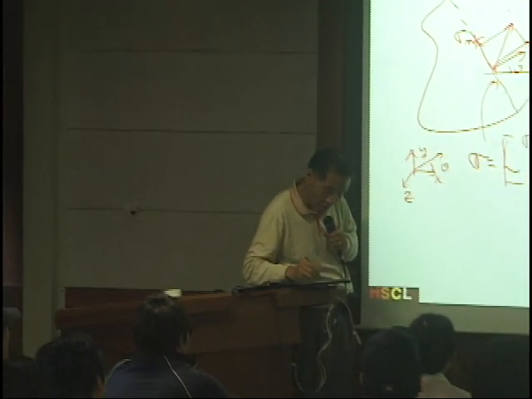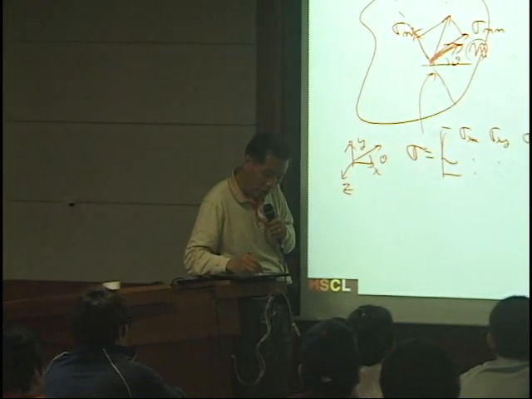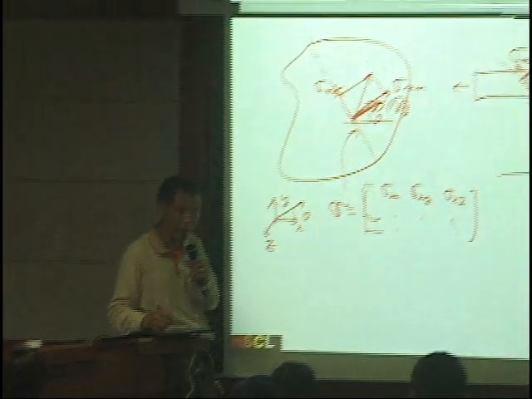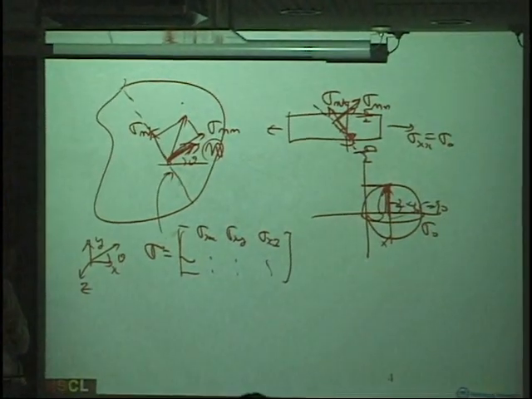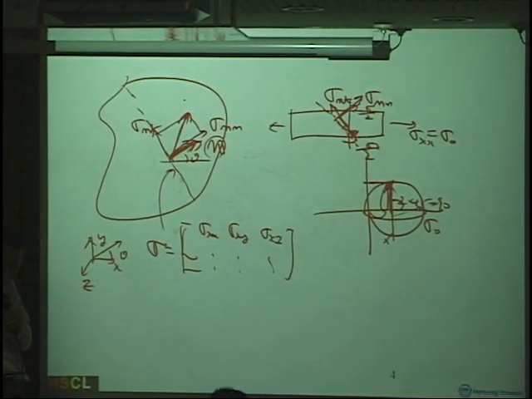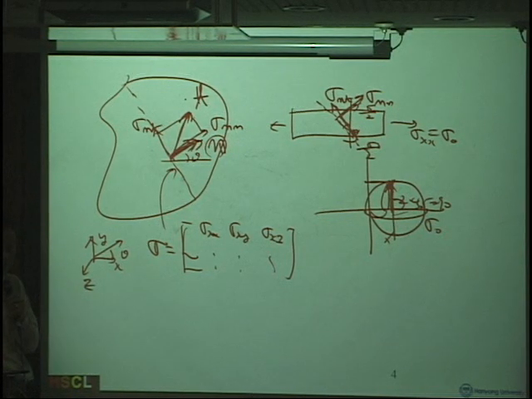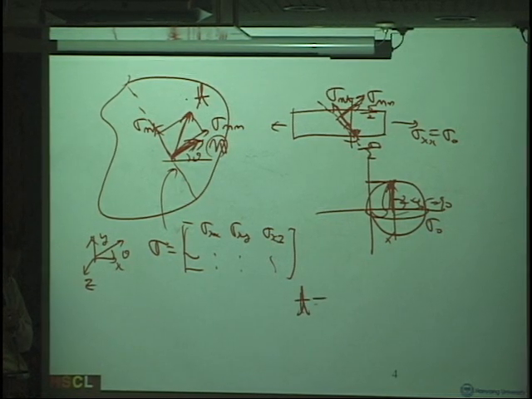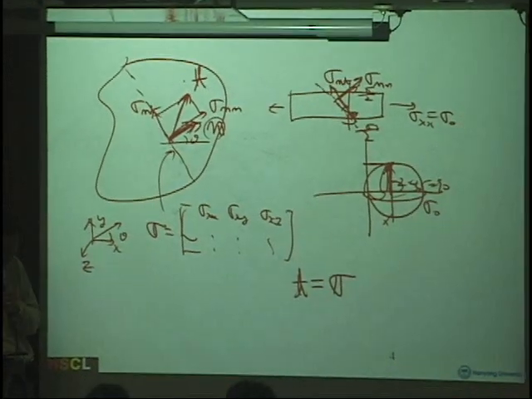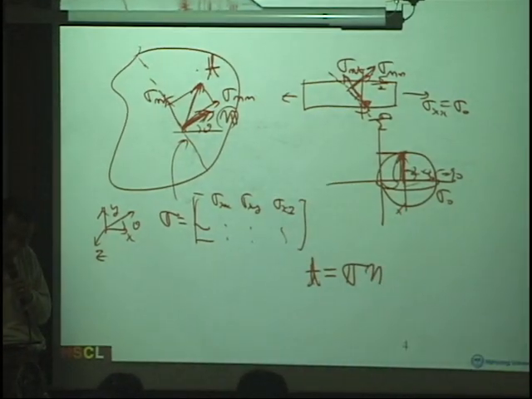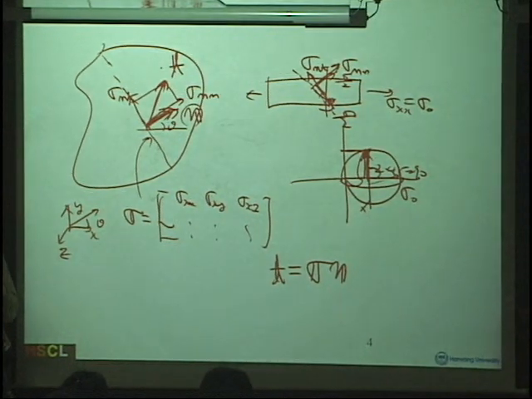So the answer is if there is n vector here, okay, n vector here, and we call this one a t vector, then t vector is simply this sigma 3x3 matrix times n vector. That's it.